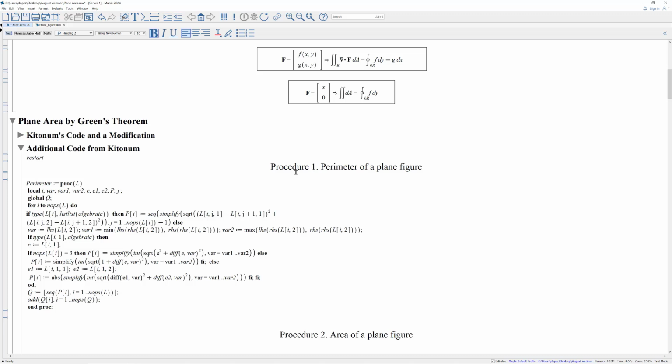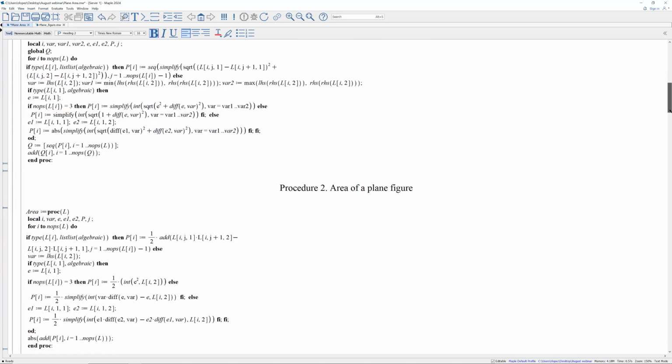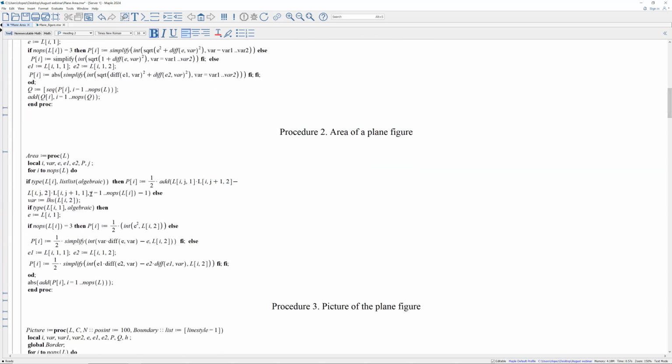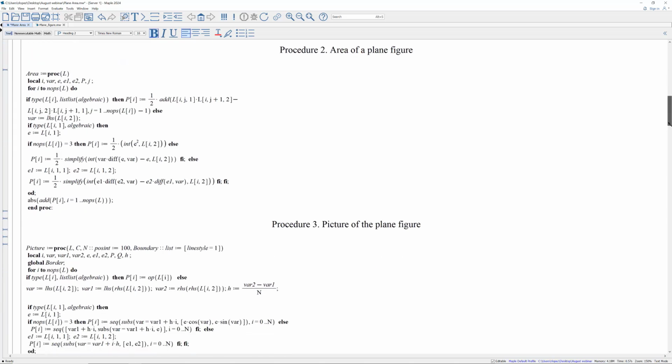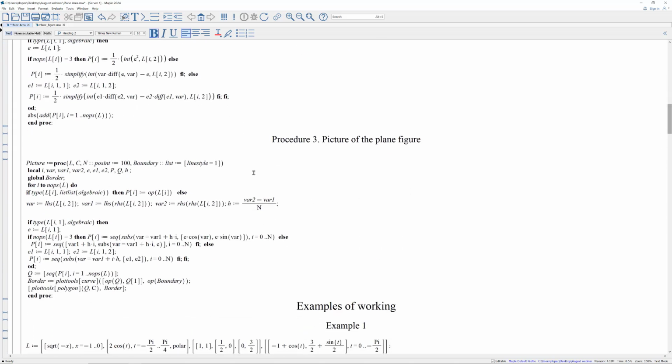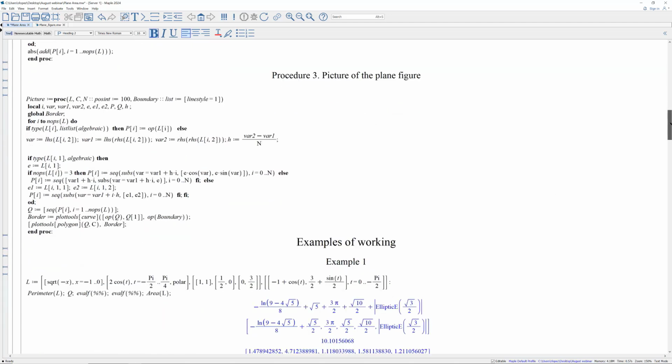And you see the perimeter procedure. This is the procedure he used to calculate the perimeter of a plane region. And remember, each time it's this list of lists used to describe the figure. This is the one where he computes the area, and this is the one where he draws a picture. And then he gives these examples.